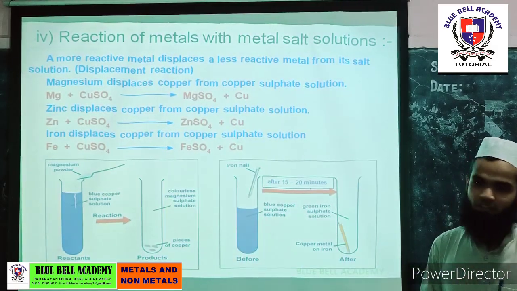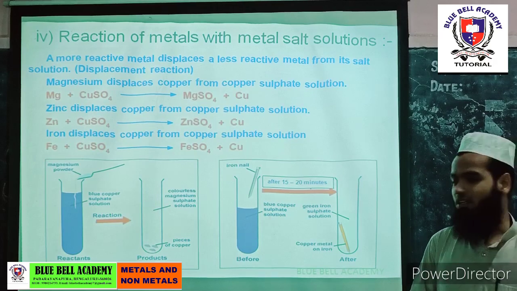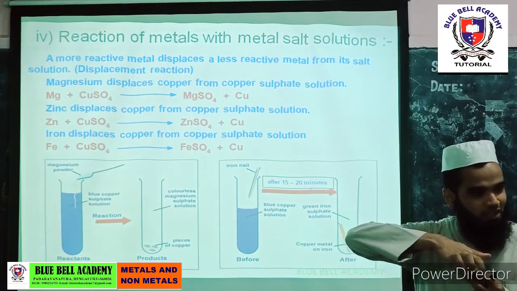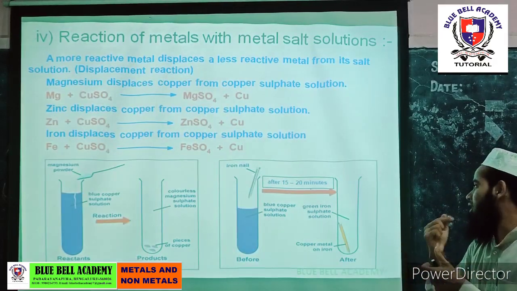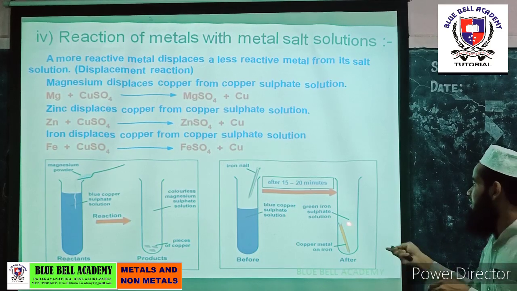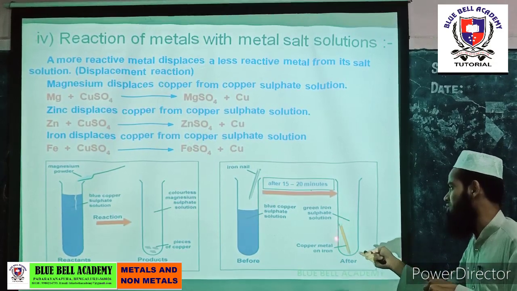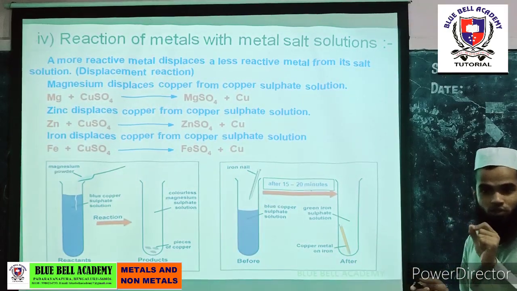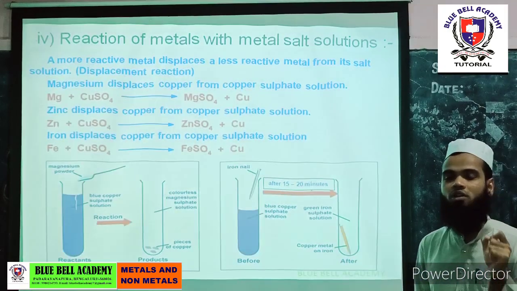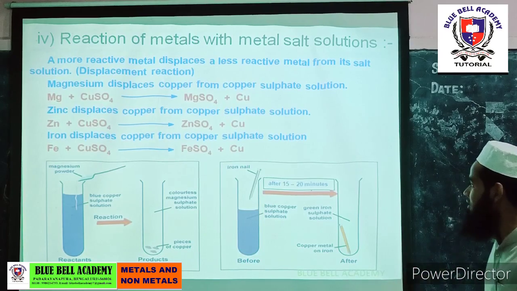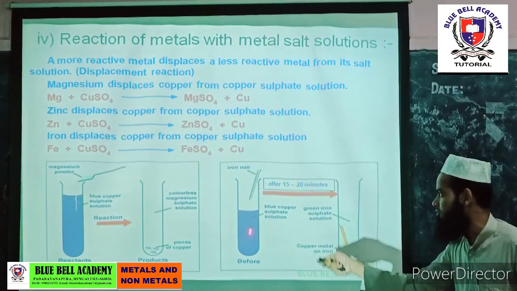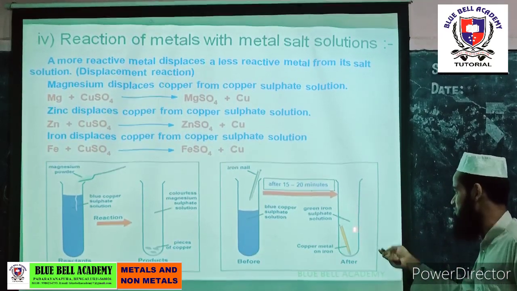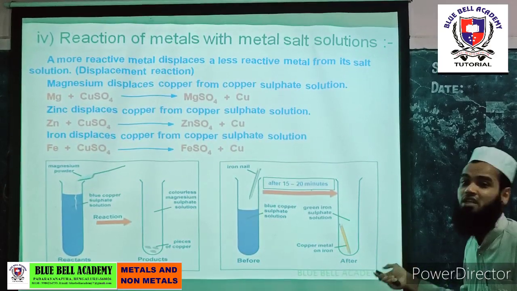What is the reason? We have immersed the iron nail, and after 15 minutes, if you observe, the iron nail gradually appears like copper metal. That is, we can observe the deposition of copper upon the iron nail. The blue copper sulfate we used is gradually turning into a slight green solution.